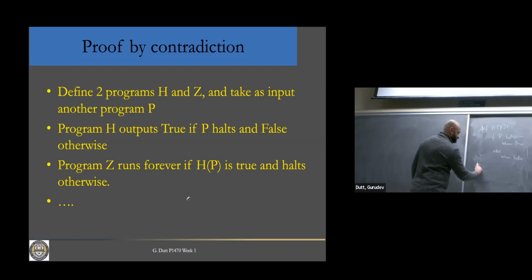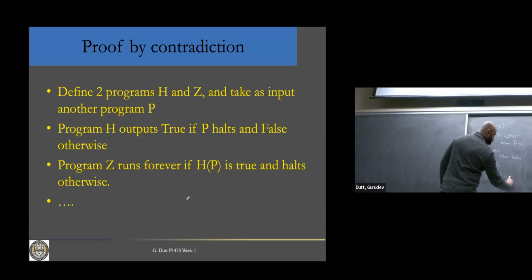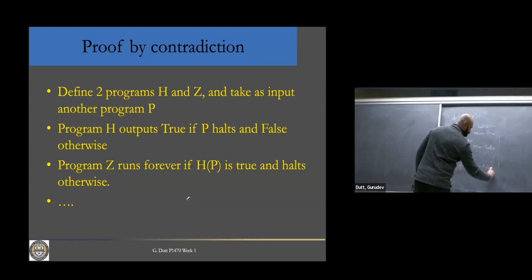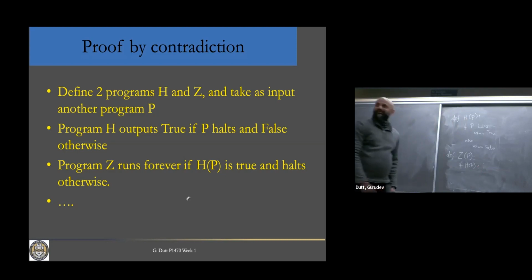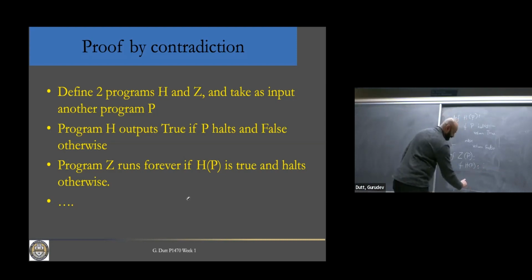And Z of P: if H of P is true, sorry, this is not Pythonish anymore. I can just say if H of P in Python, right? So if H of P is true, then run forever.